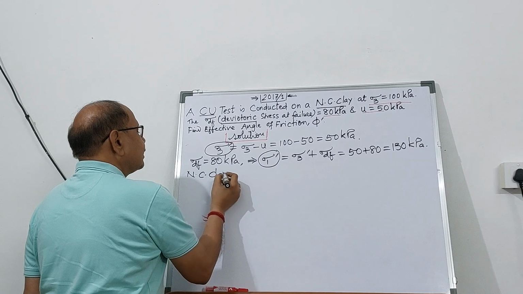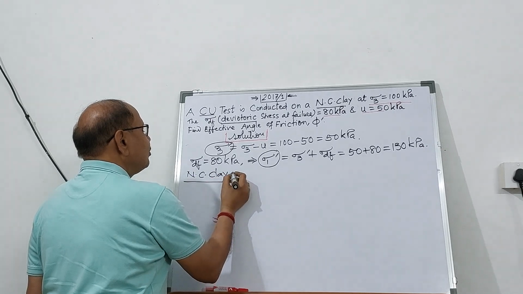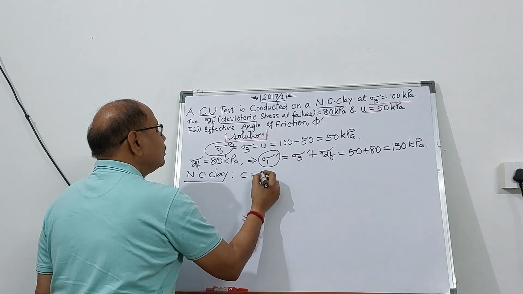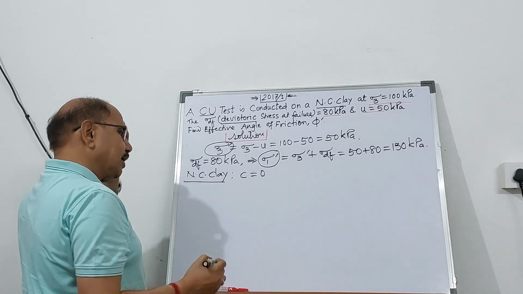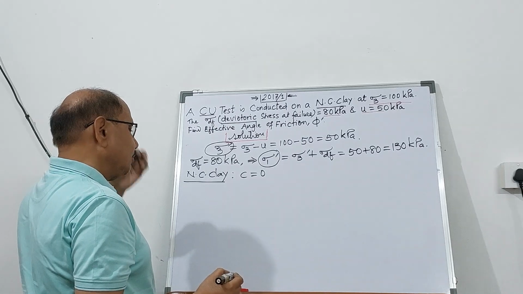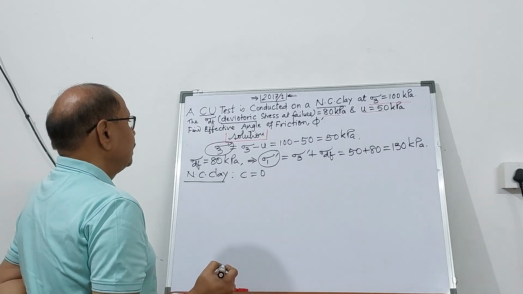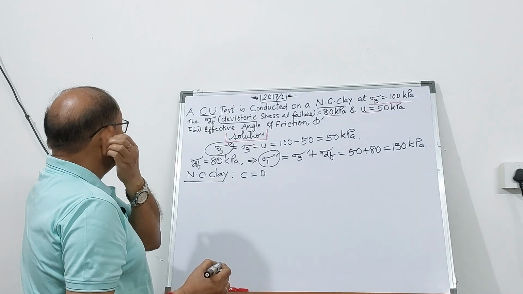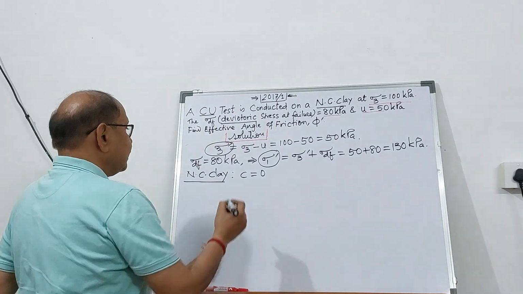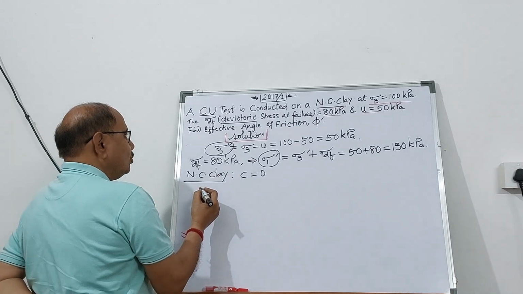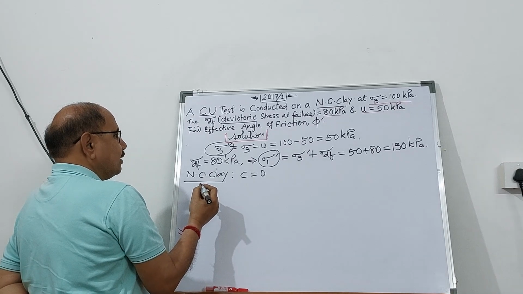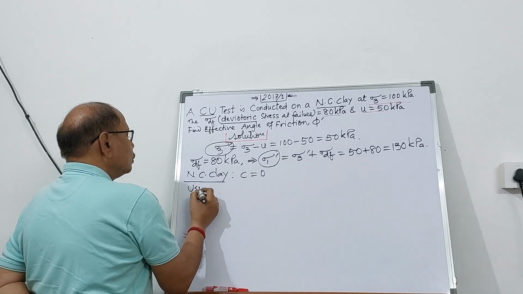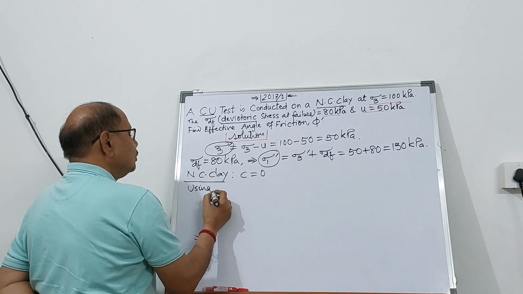So if you conduct on normally consolidated clay, the CU test, the value of cohesion parameter will be 0. And we can therefore, to find out effective angle of friction, we can use the relationship.